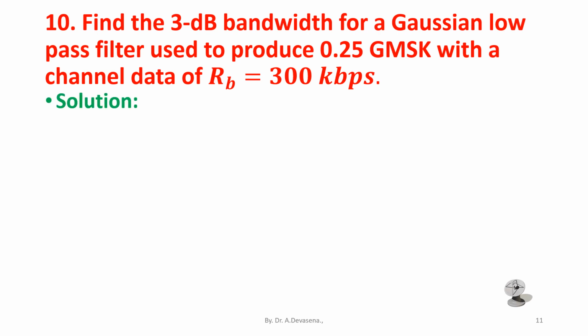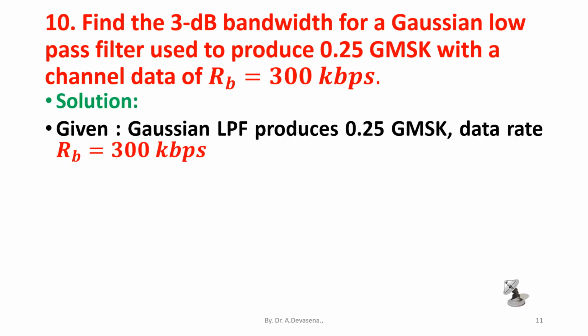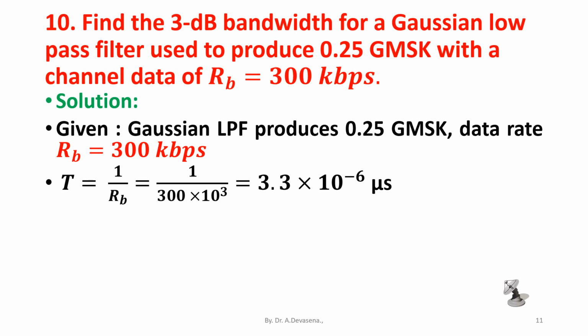Solution for this problem is given the Gaussian LPF produces 0.25 GMSK and the data rate value is capital R suffix B is equal to 300 kbps, and capital T is equal to 1 divided by capital R suffix B, that is equal to 1 divided by 300 into 10 power 3, that is equal to 3.3 into 10 power minus 6 microseconds. B into T is equal to 0.25.